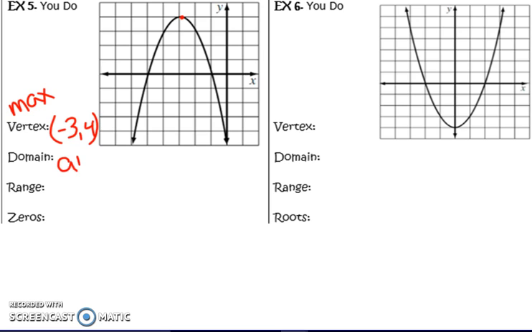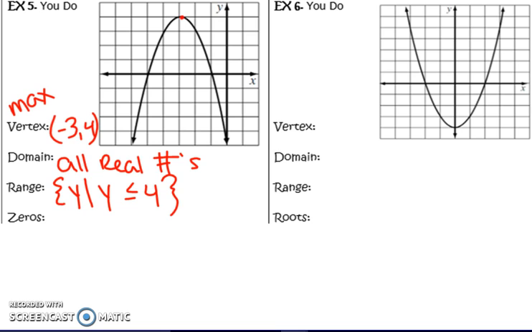My domain is all real numbers. My range, because it's the maximum point, y has to be less than or equal to 4. And in this case, I have two zeros. I have a 0 here and a 0 here. So my zeros, or my solutions, are -5 and -1.